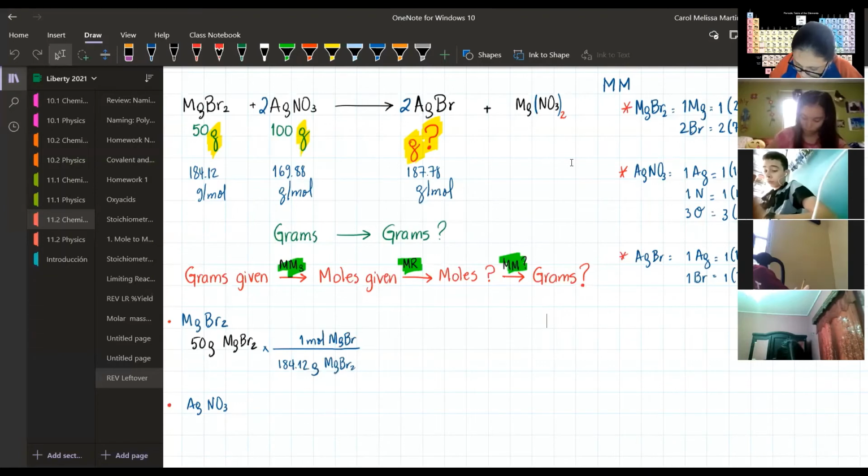I will multiply times the molar ratio between the two substances.